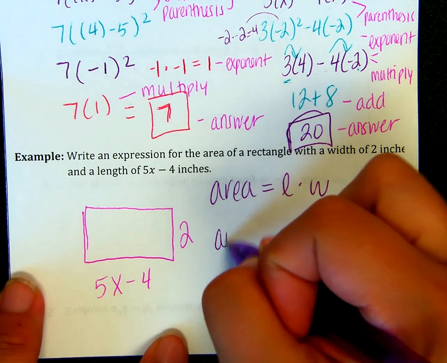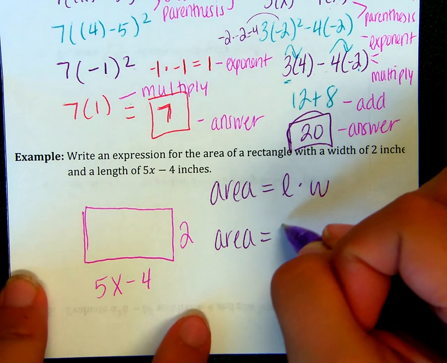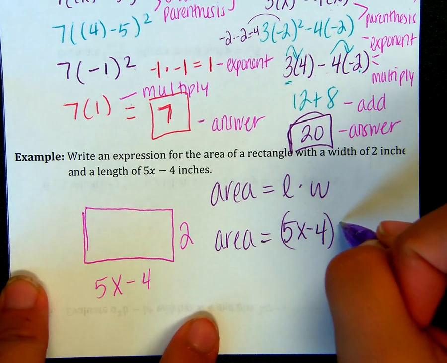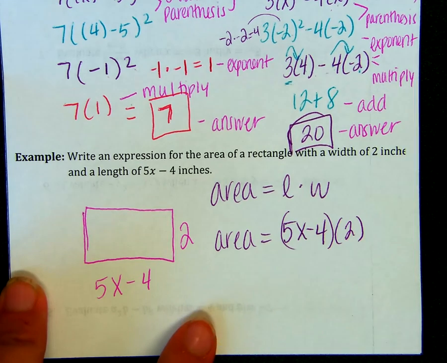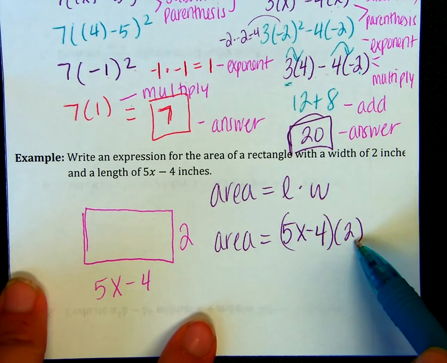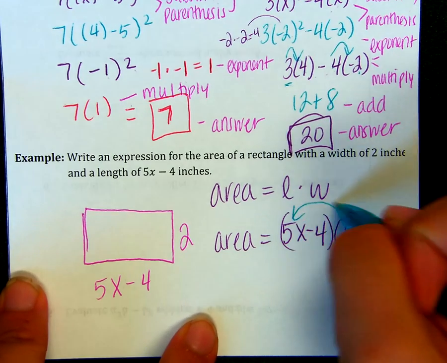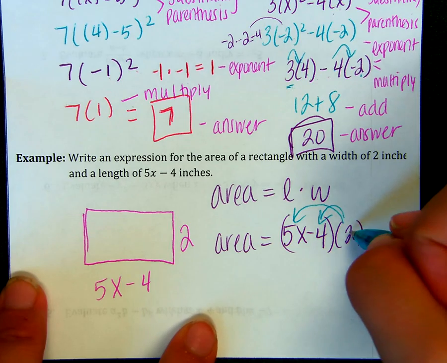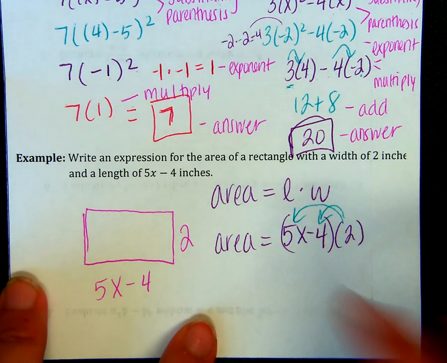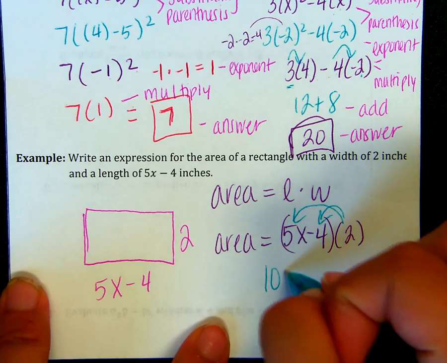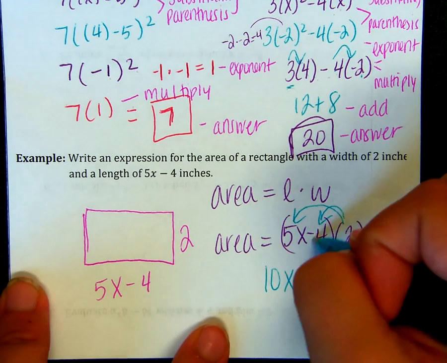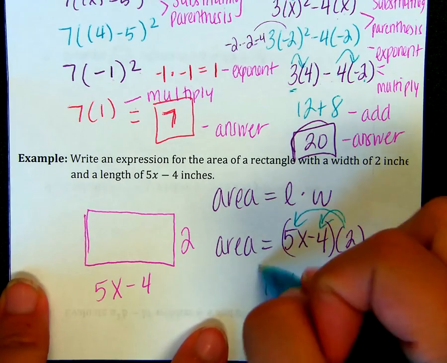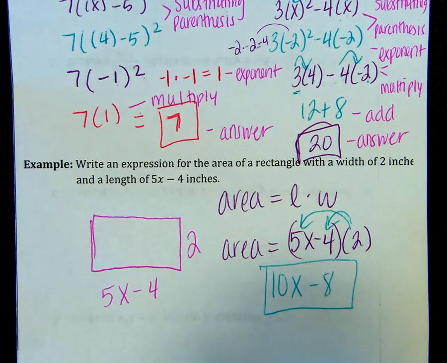So your area is going to be 5x minus 4 times 2. Can we still distribute even though the 2 is at the back? Yes, you just distribute it in. That's that commutative property. So 2 times 5x, well, 2 times 5 is 10, and we keep our x. That's 10x. 2 times negative 4 is negative 8. That there is your area.